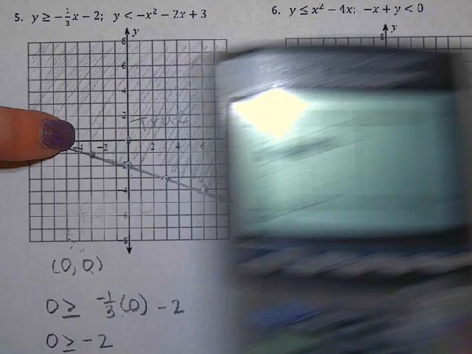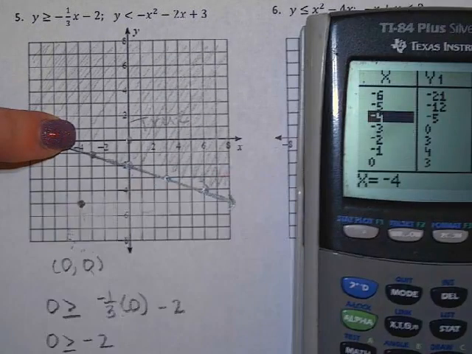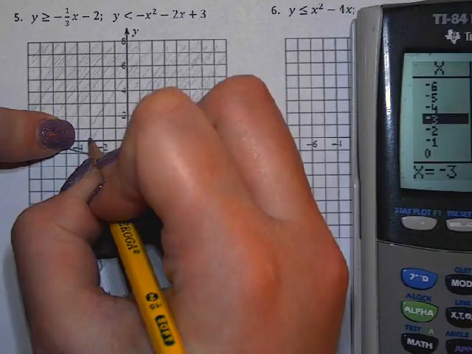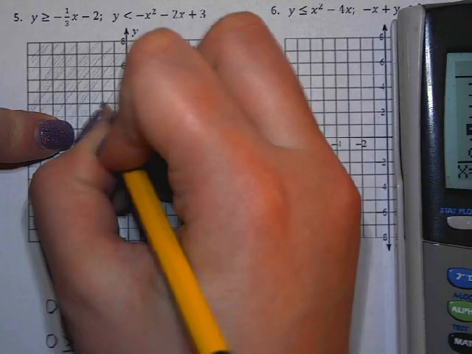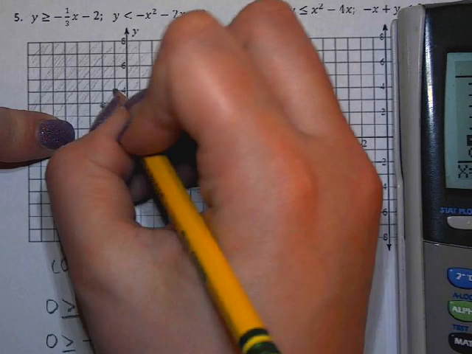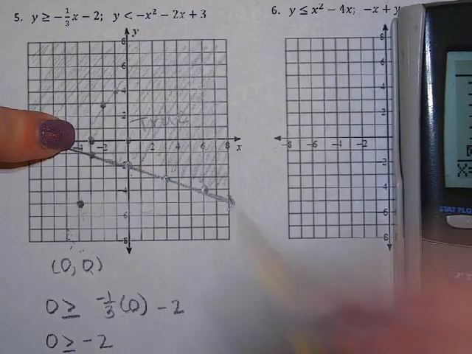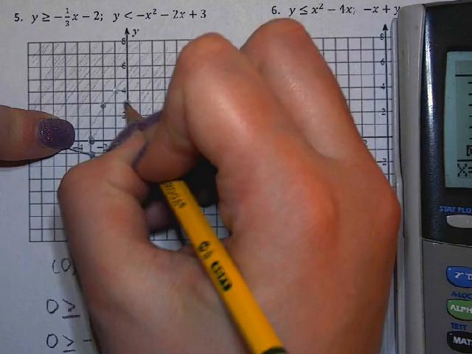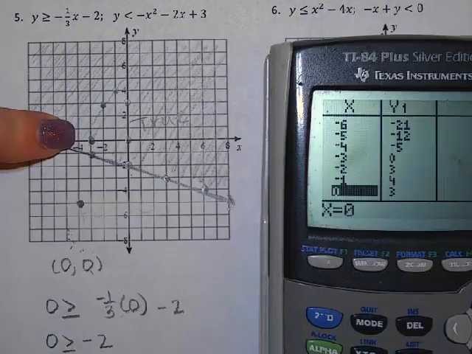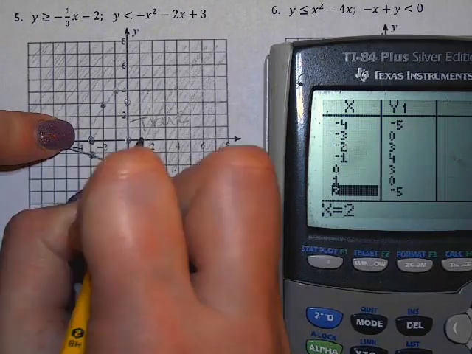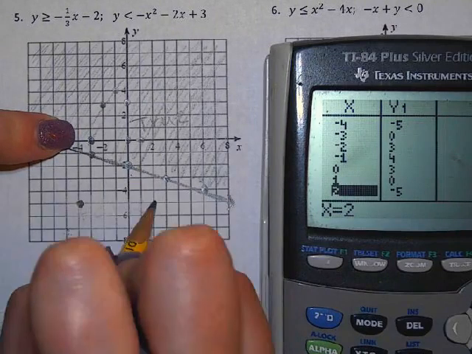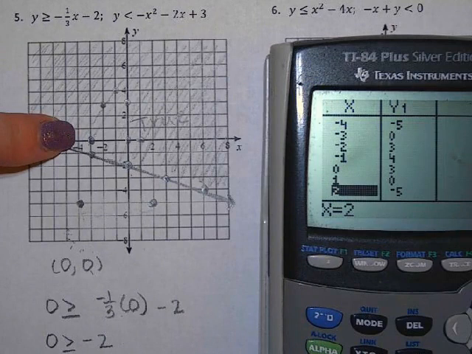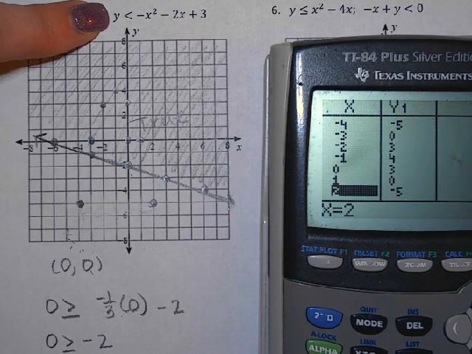So I've got negative 4, negative 5, negative 3, 0, negative 2, 3, negative 1, 4, 0, 3, 1, 0, 2, negative 5. Does the parabola get a solid line or a dotted line? Dotted.